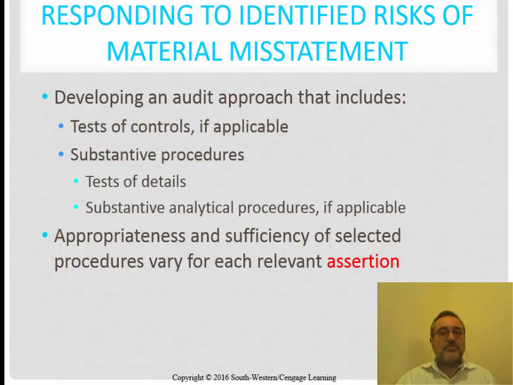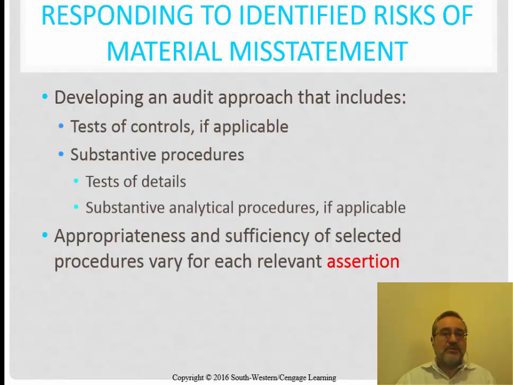The risk of material misstatement is then used to determine the nature, timing, and extent of our further procedures. Some of these further procedures will be additional tests of controls if in fact we are conducting an integrated audit relative to Sarbanes-Oxley 404. But if we're only doing a financial statement audit, these further audit procedures are substantive procedures.